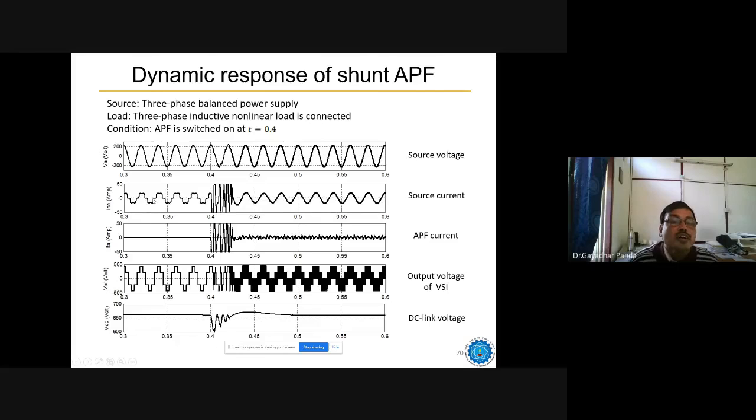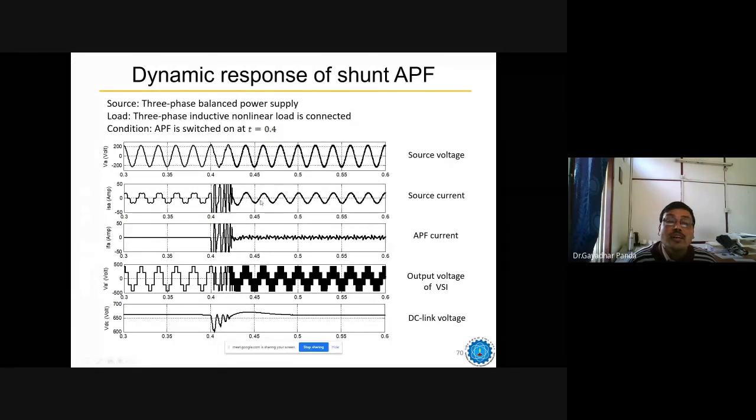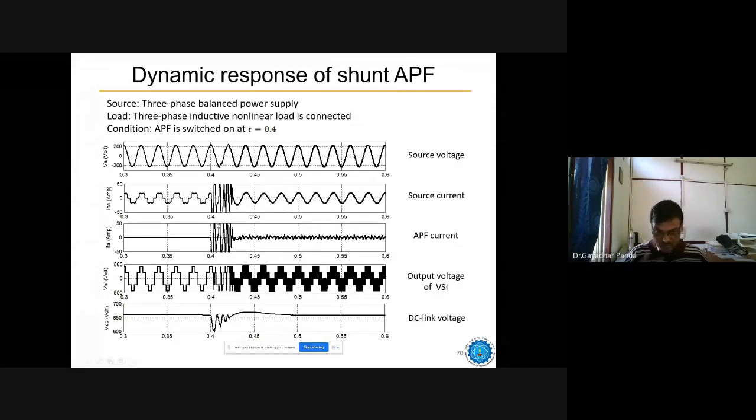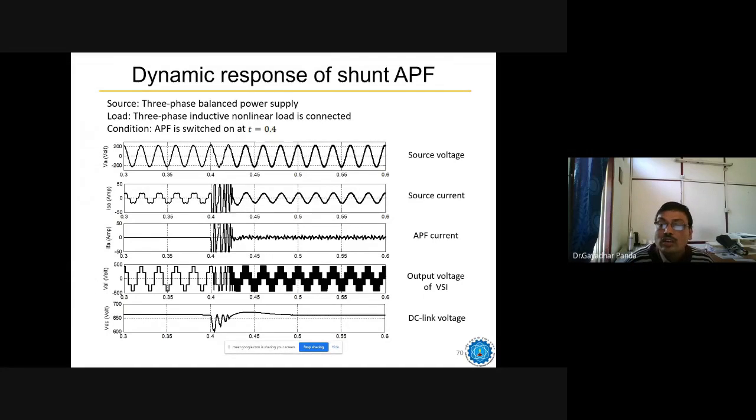At that time, the active power filter is not connected. And when the active power filter is connected, after that you will find that the source current is coming almost sinusoidal, because it produces the compensating currents. This APF current is a compensating current, which eliminates the harmonics.